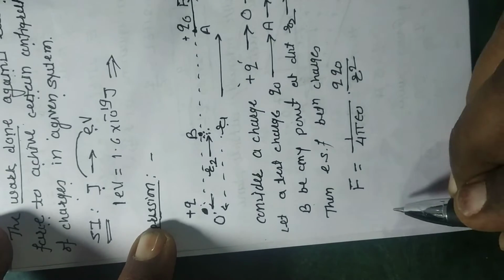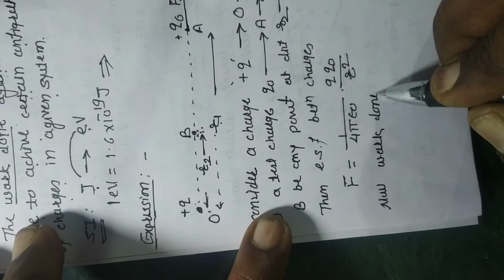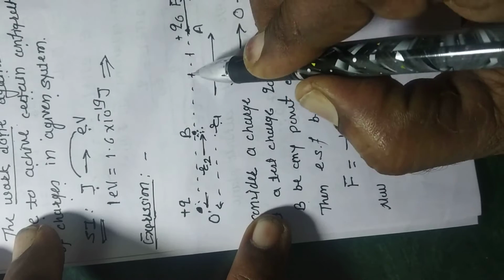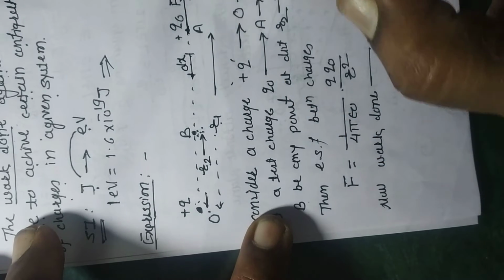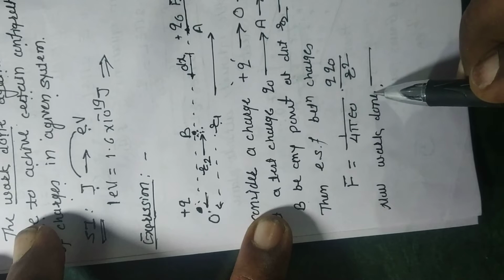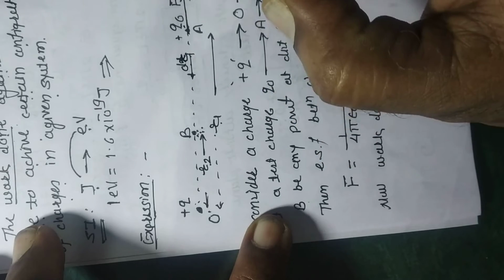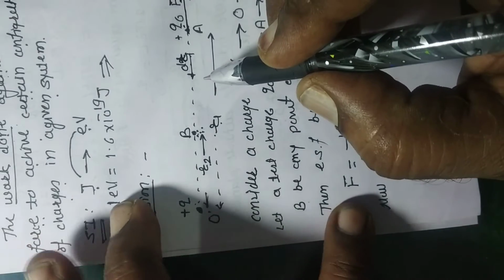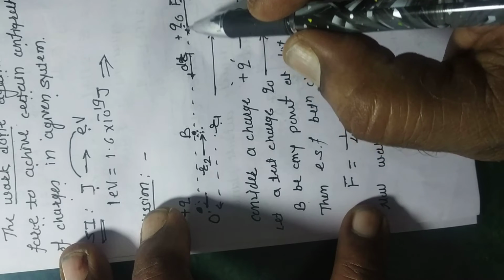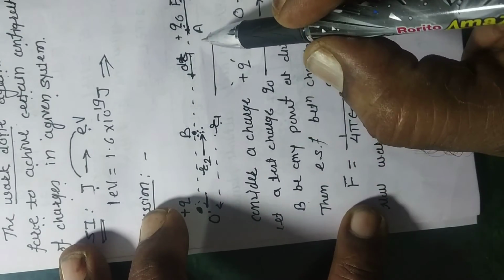Now work done to displace charge Q naught through small displacement dr against electrostatic force is equal to increase in potential energy.